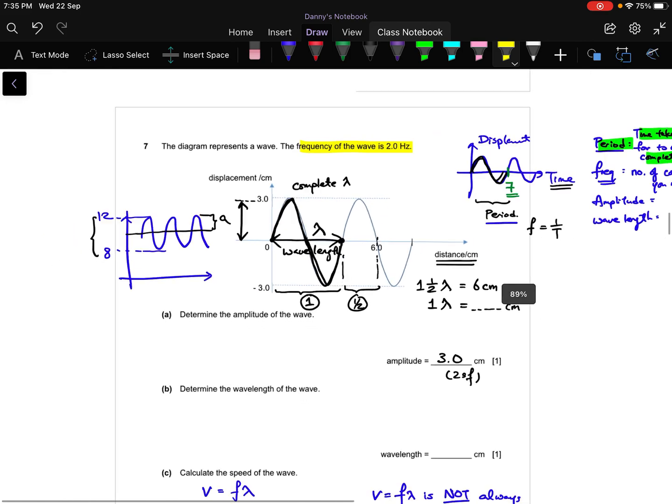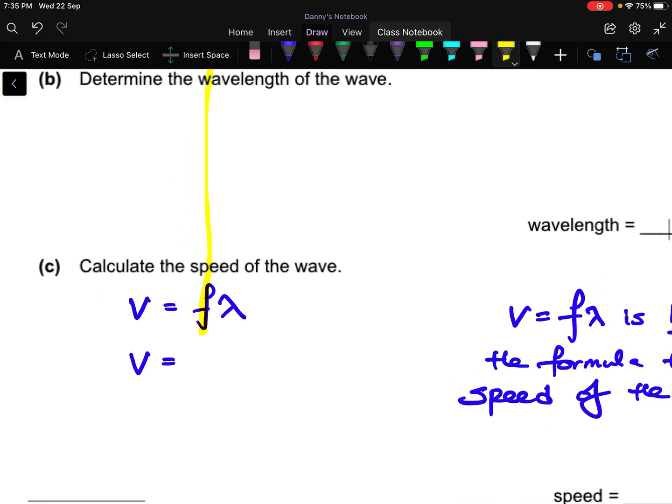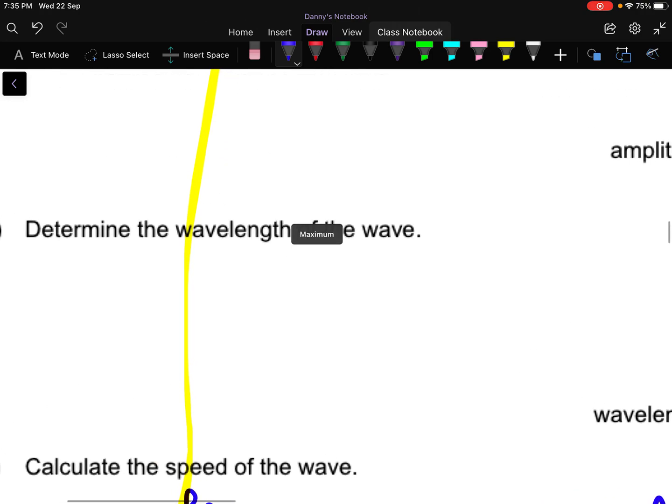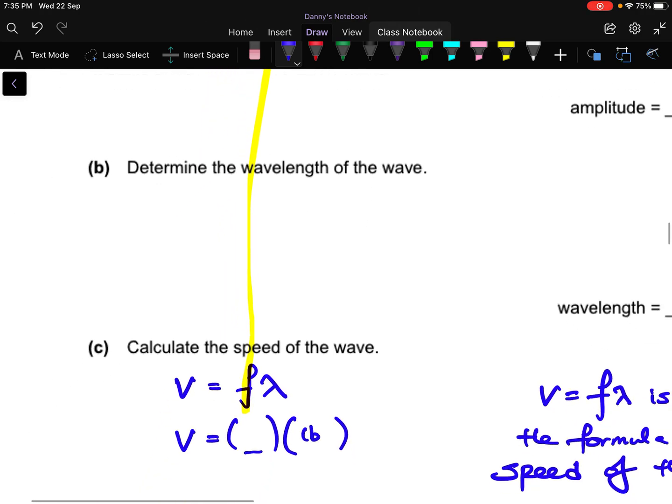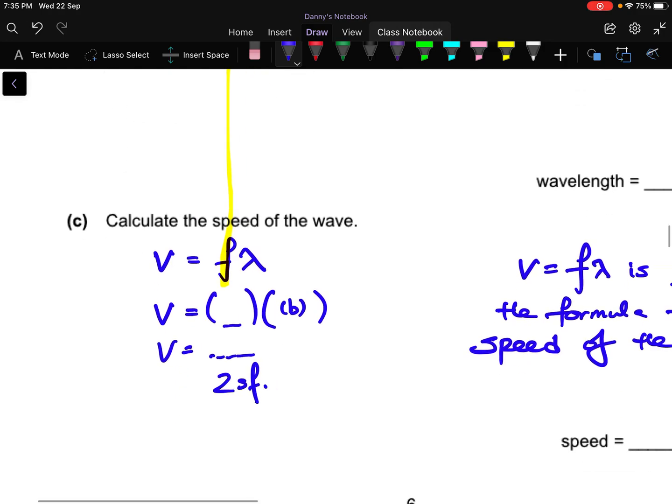Sometimes in your end of year paper, the distance between the values is pretty big. So when you are stuck, just refer to the top and see if you can find any help. In this case, you can find the frequency, and you have obtained the wavelength from B, so you can solve this with ease. And of course, remember 2SF.